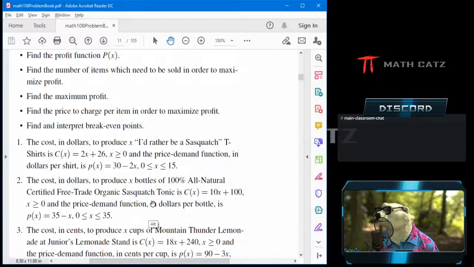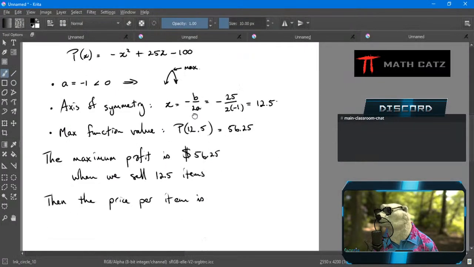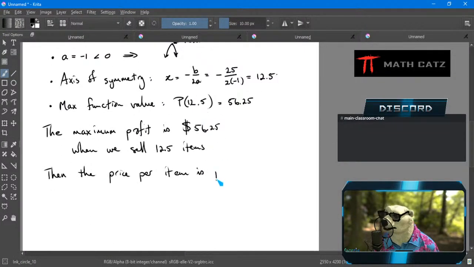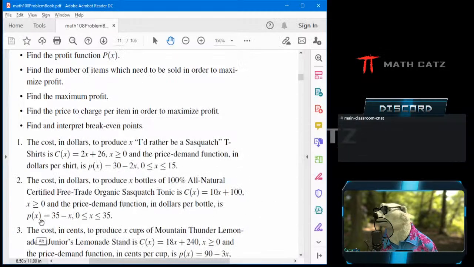That was 35 minus x over here. So 35 minus x is simple enough. Little p at 12 and a half, 35 minus 12 and a half would be the price.